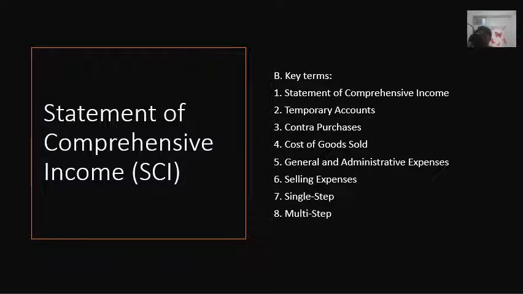Number 4, cost of goods sold. Number 5, general and administrative expenses. Number 6, selling expenses. Number 7, the single step income statement. And last but not the least, the multiple step income statement.